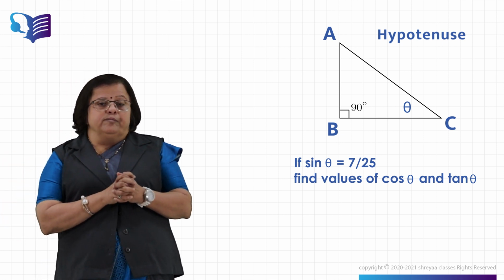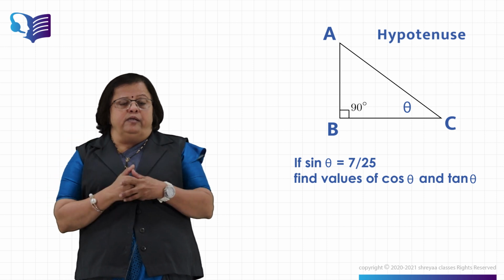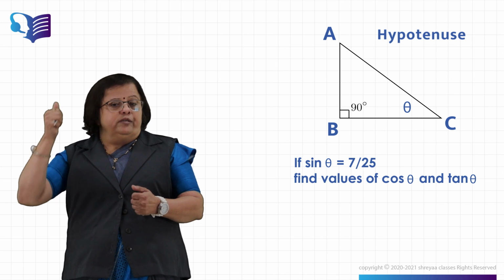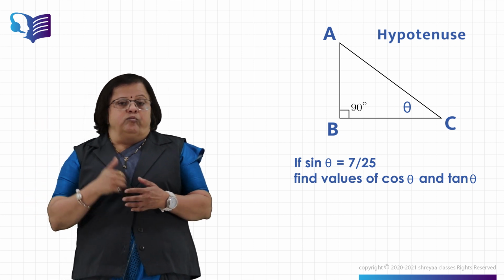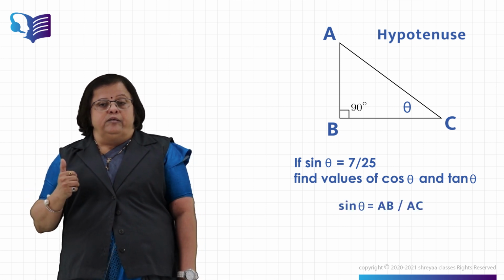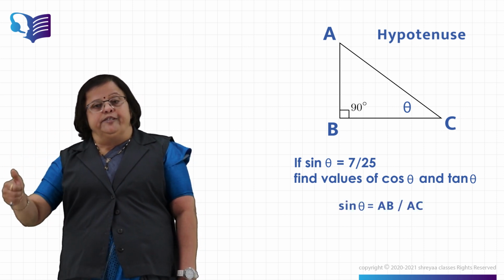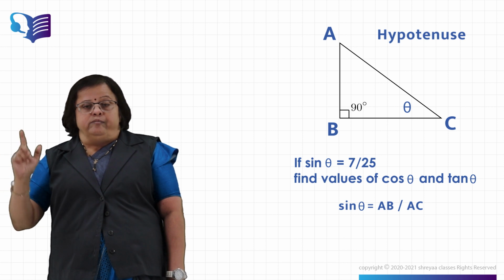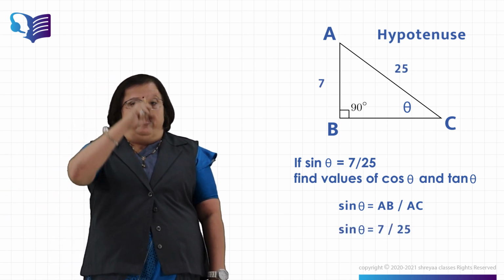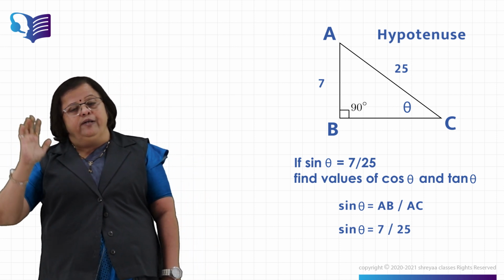How you will find out? Consider a triangle. Triangle ABC. Angle C is what? Theta. Yes, correct. What is given? Sin theta is 7 upon 25. What is sin theta? Opposite side upon hypotenuse. Therefore, it is opposite side, that is AB is 7 and hypotenuse AC is 25.